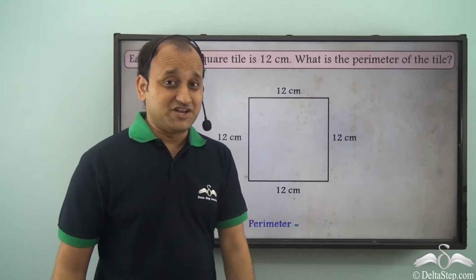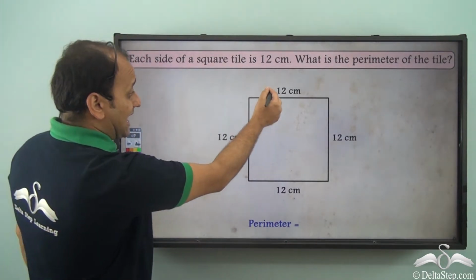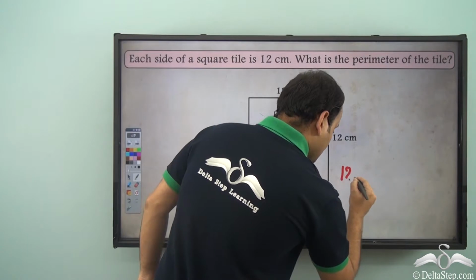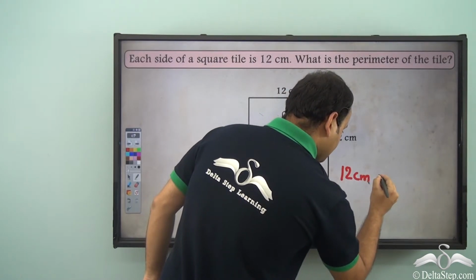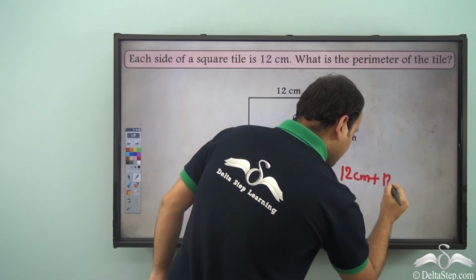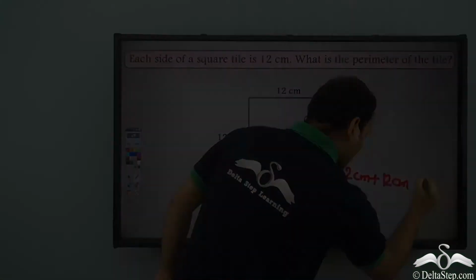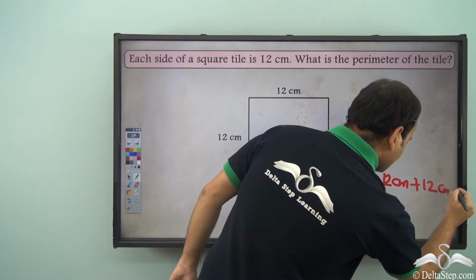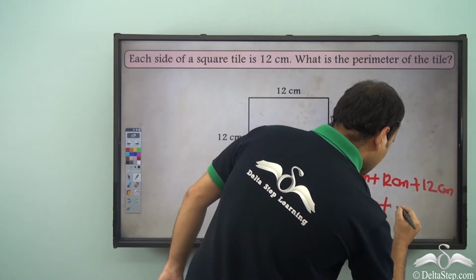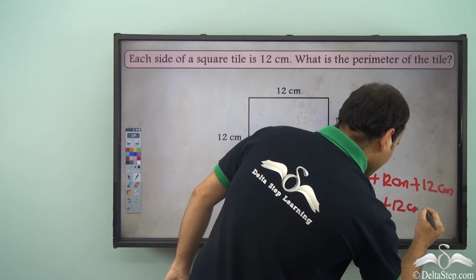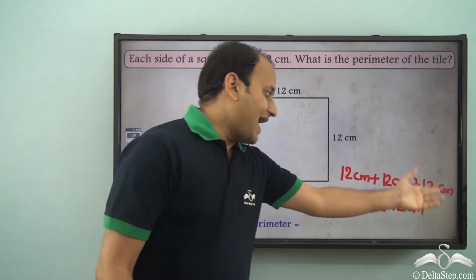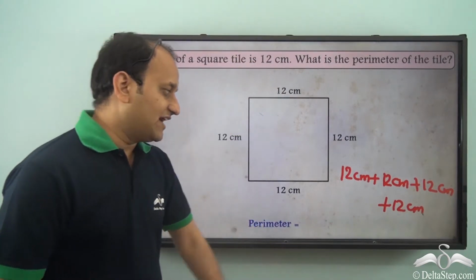Well, the answer is very simple. Either you add 12 4 times, that is 12 centimeter plus 12 centimeter plus 12 centimeter plus 12 centimeter.